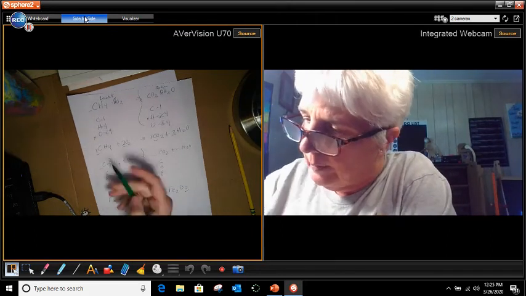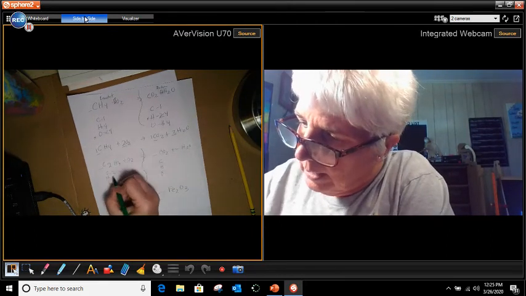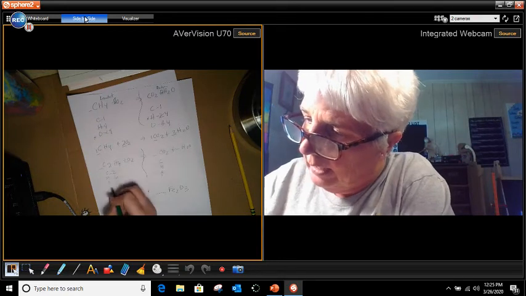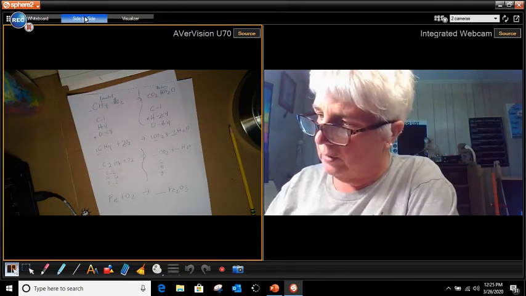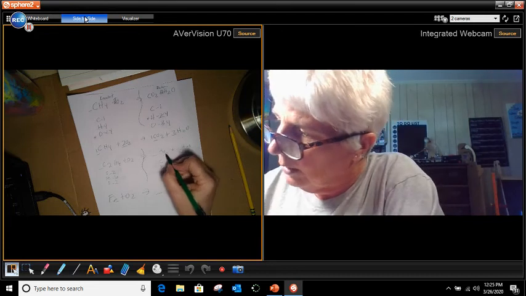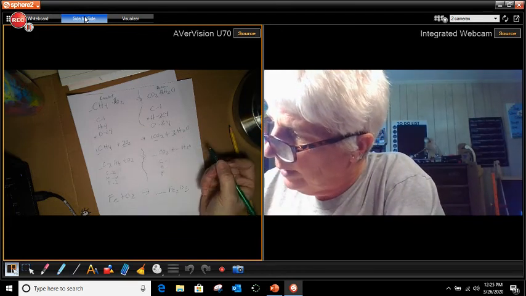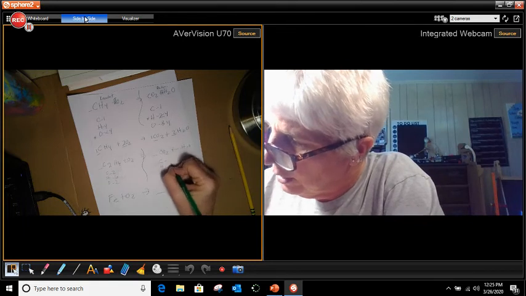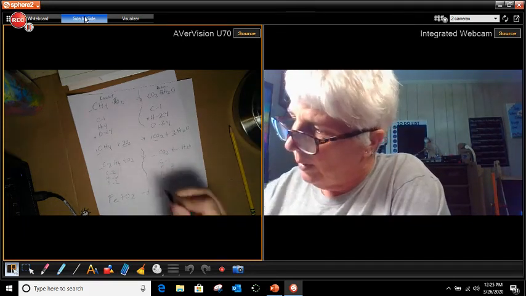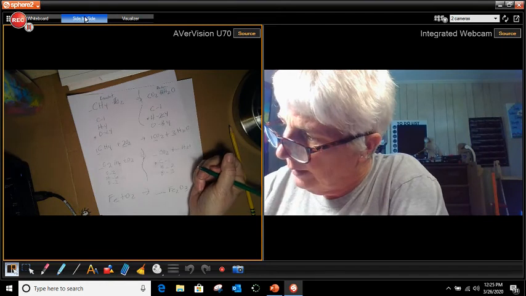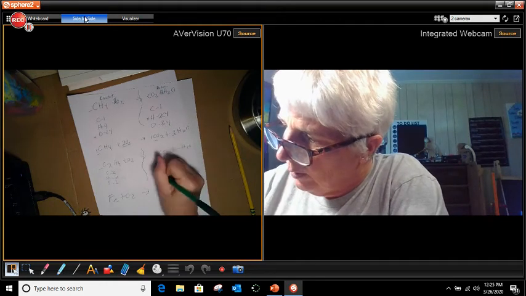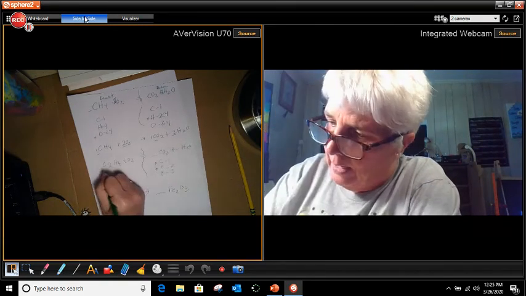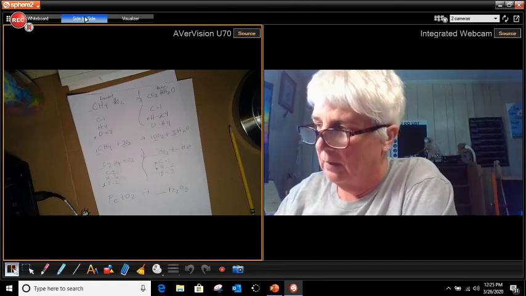There's 2 carbons, 6 hydrogens, and 2 oxygens. Right, guys? Over here, I have 1 carbon, 3 oxygens, and 2 hydrogens. So carbon is lower on this side, hydrogen is lower on this side, and my oxygen is lower on this side.